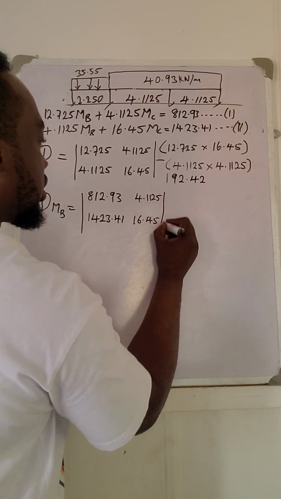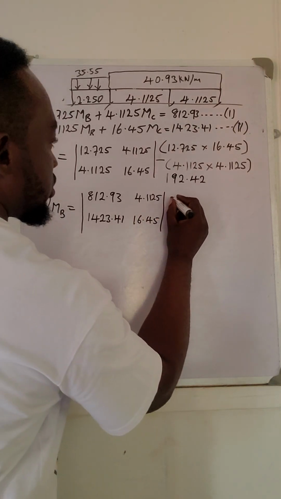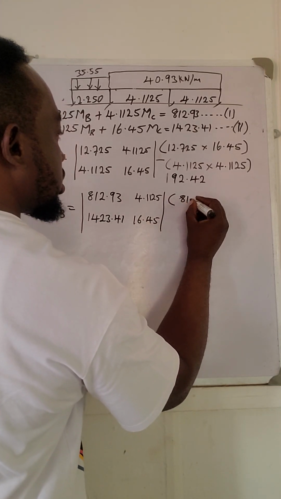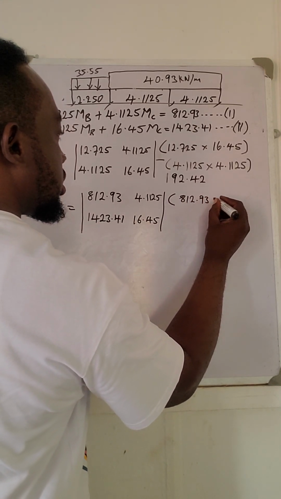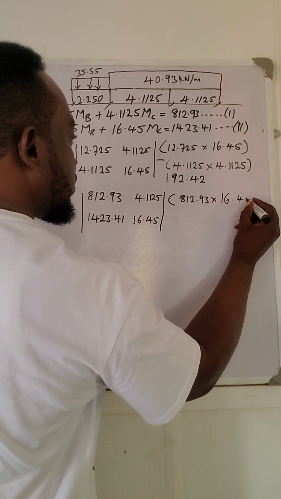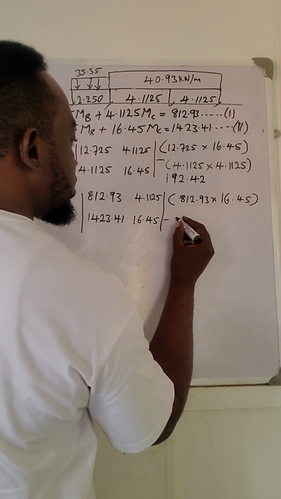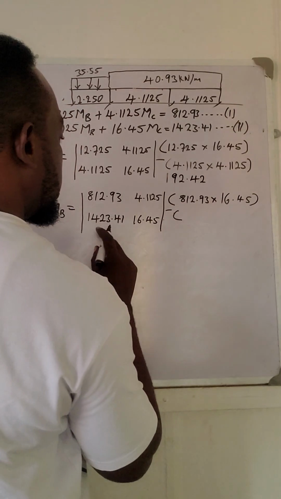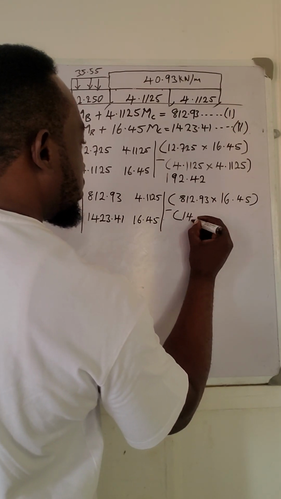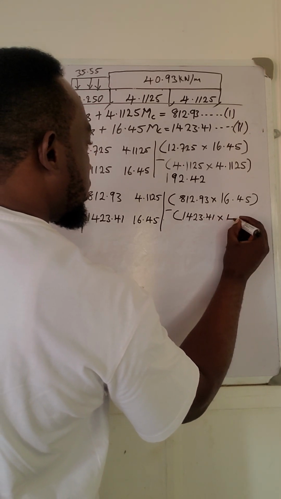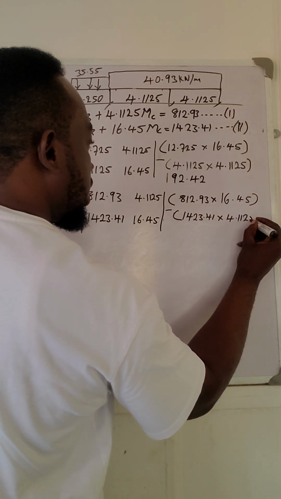Then you solve 812.93 multiplied by 16.45 minus 1423.41 multiplied by 4.1125.